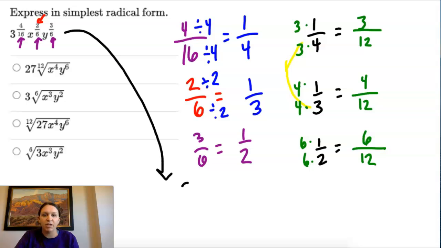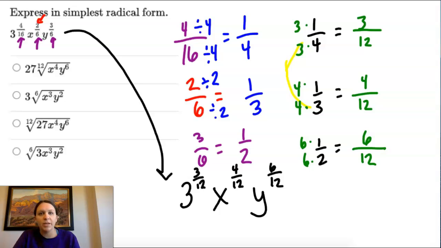I have 3, but instead of 4/16, we're writing it as 3/12. And then x, instead of 2/6, we're writing it as 4/12. So we definitely had to do a lot of changing here. And y, instead of 3/6, we're going to write it as 6/12.